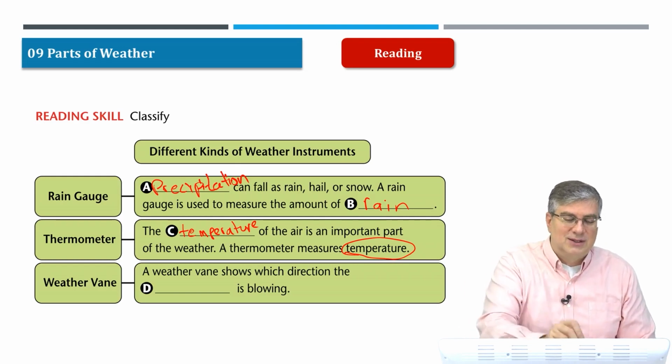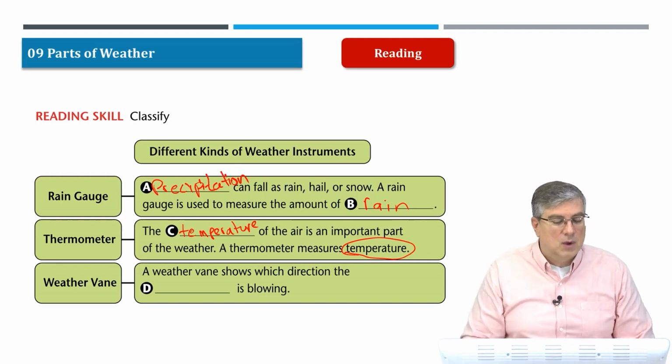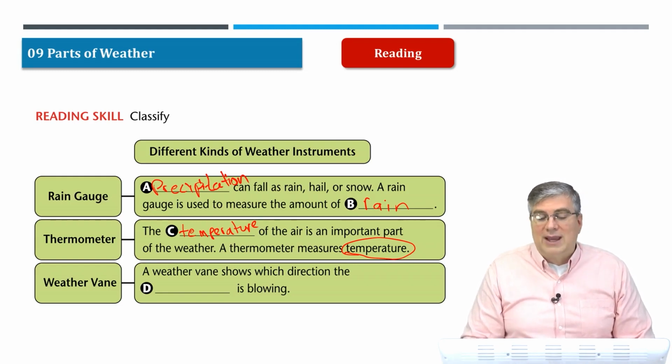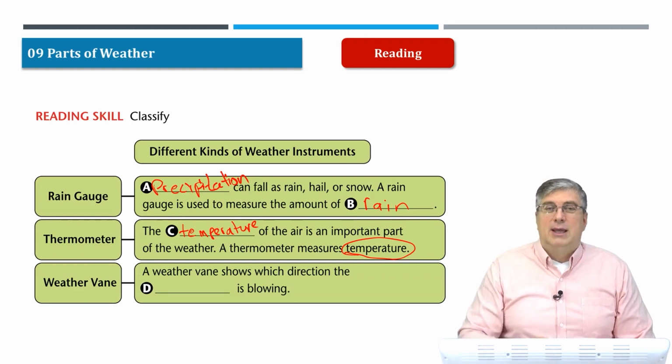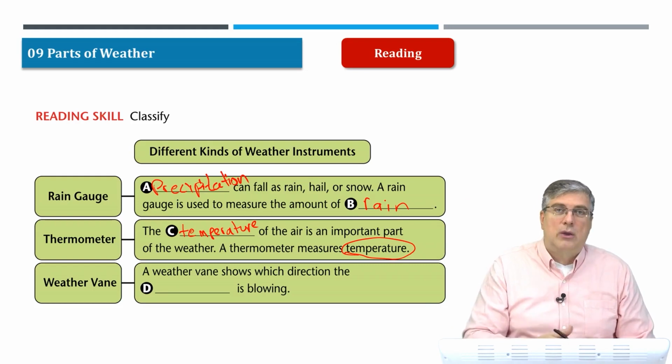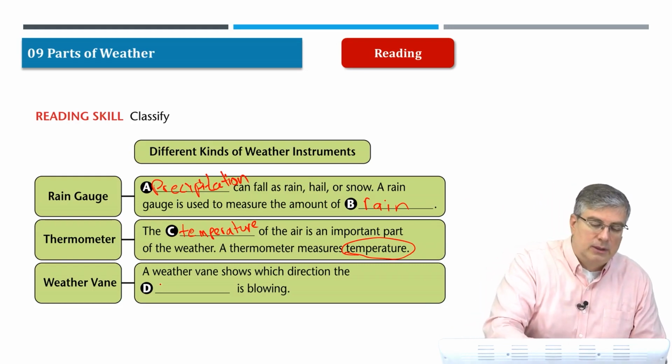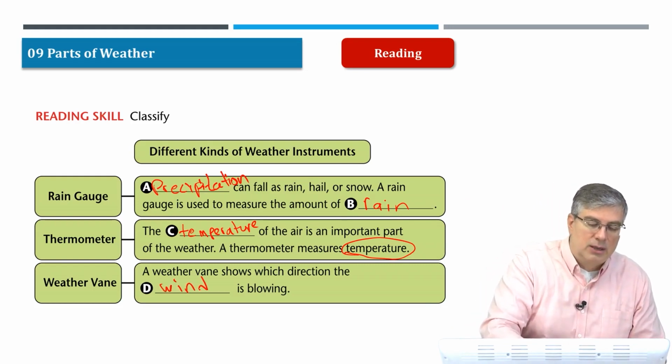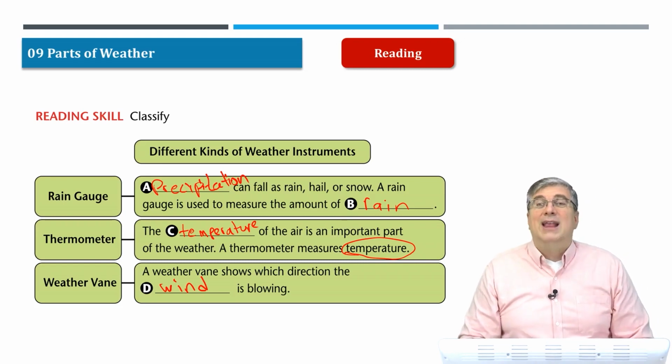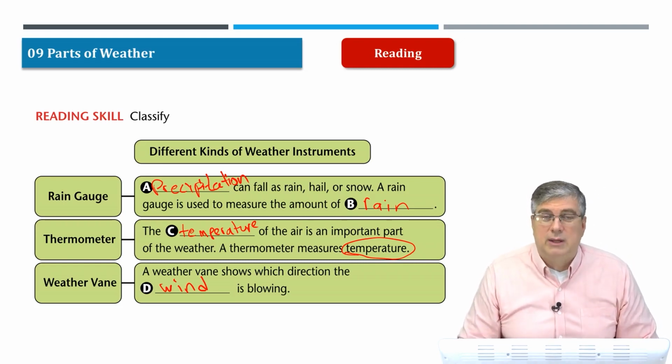So, yeah, a lot of these things go side by side. Okay. Weather vane is our third instrument, weather instrument. What does a weather vane do? Well, a weather vane shows the direction the what is blowing, right? When air moves, we call that wind. So, it shows us which direction the wind is blowing. And the wind blows, okay?